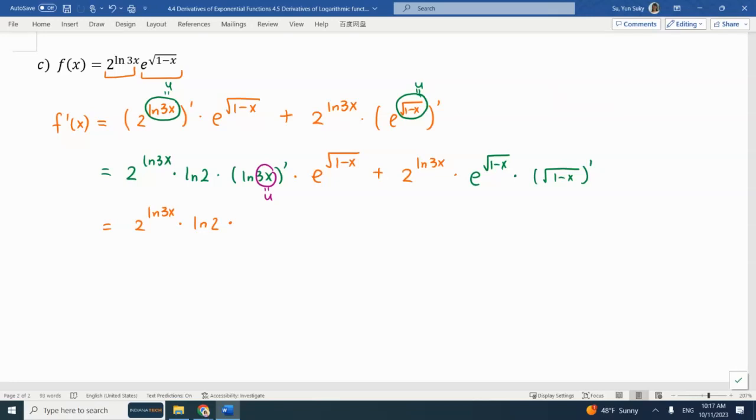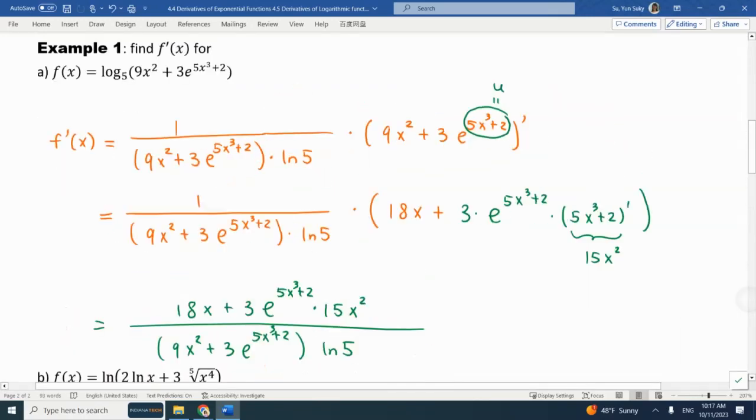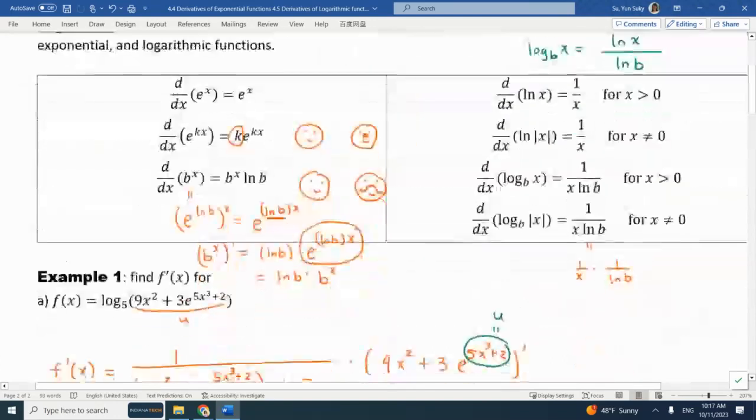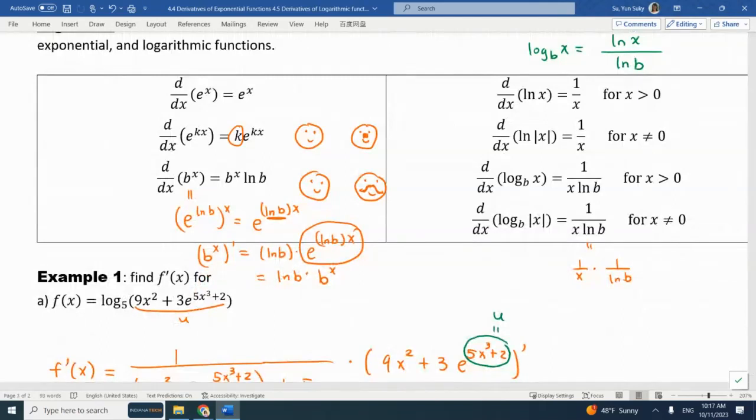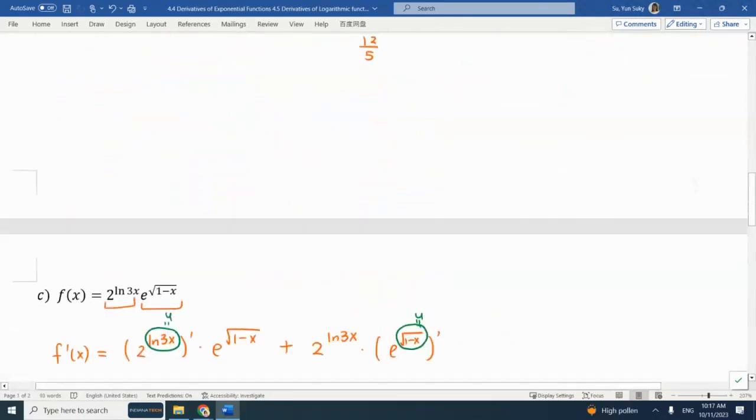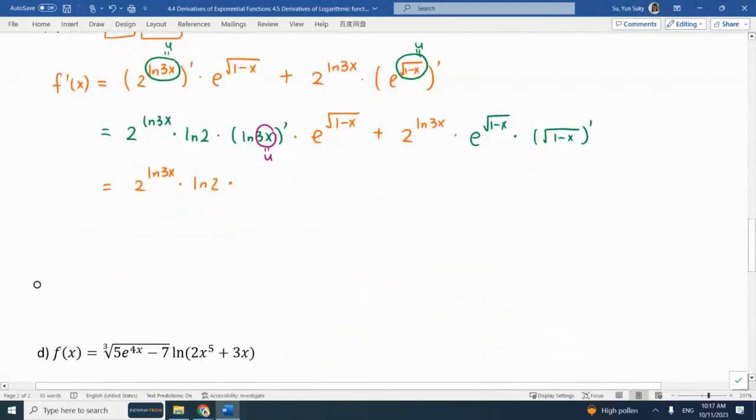It's 1 over u. So 1 over u, where u is 3x, times u prime. Is that okay, everybody?